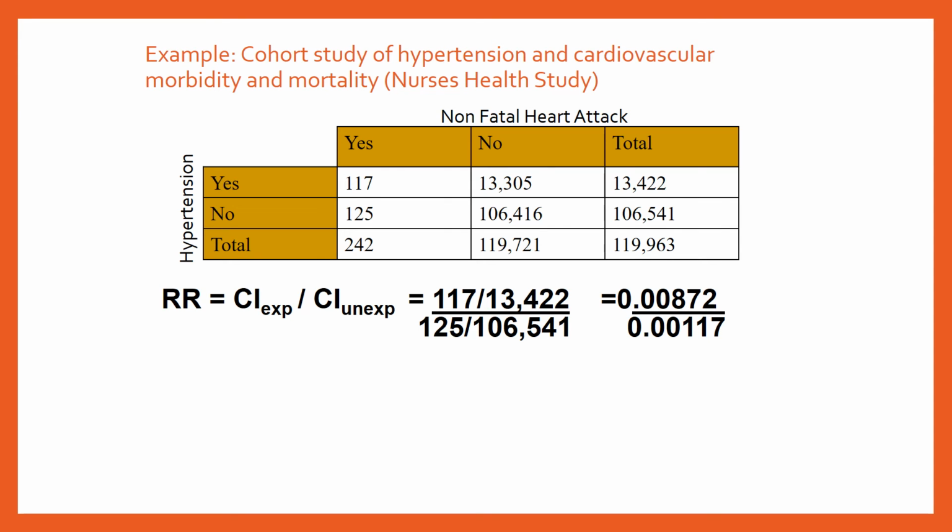So if we want to calculate relative risk, remember the formula is the cumulative incidence in the exposed divided by the cumulative incidence in the unexposed, or A over A plus B, over C over C plus D. I'll let you work through all of the math on your own, but if you go through that, you come up with a relative risk of 7.5.